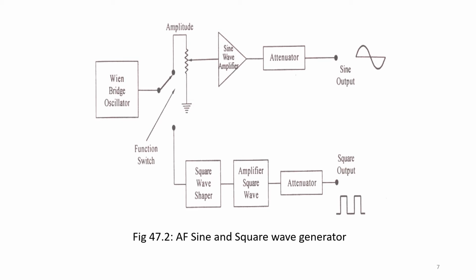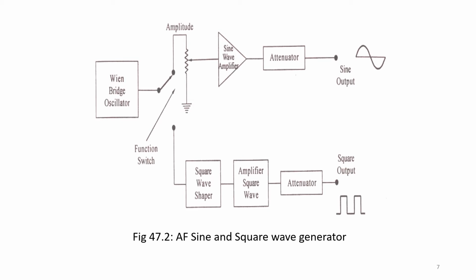We have a Wien bridge oscillator, which is an RC oscillator which generates the sine wave signals. When you change the amplitude control, the potentiometer varies to get the required amplitude. Next is the sine wave amplifier to amplify the sine wave signals. Next is the attenuator to get the required output.